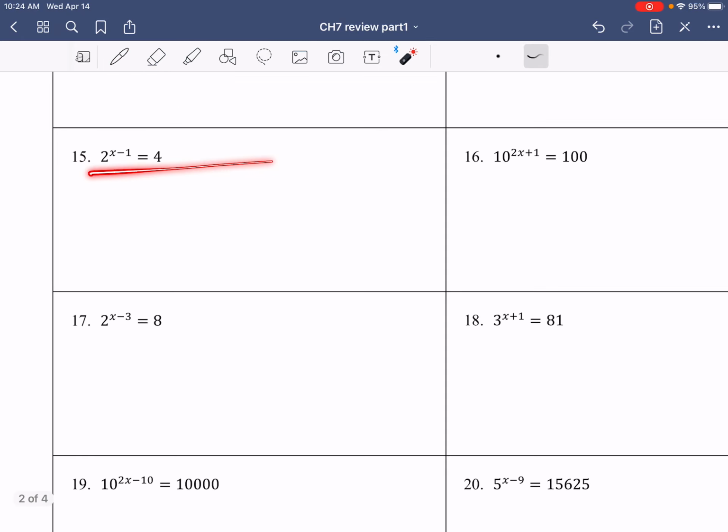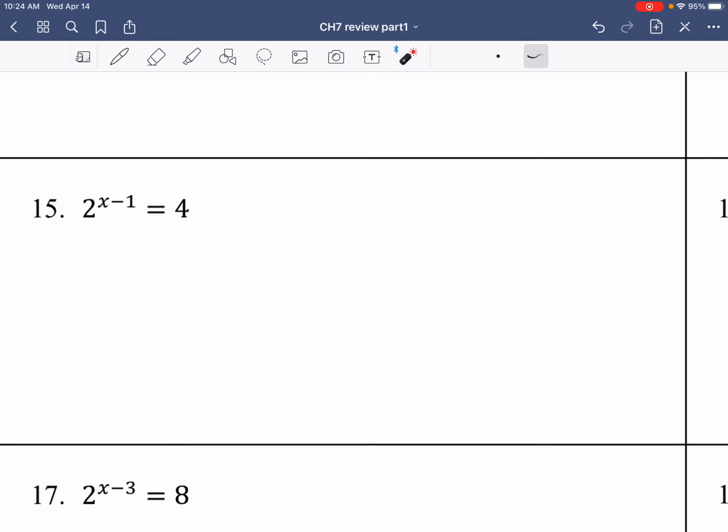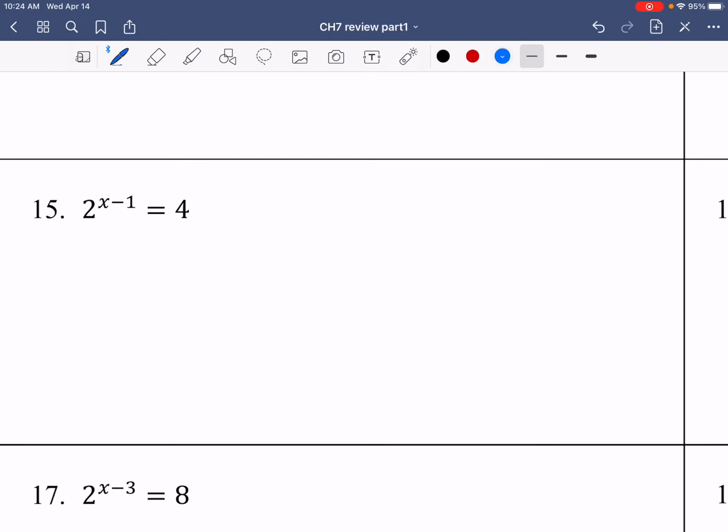Now here we go, the solving for x part, okay? Same thing. To get rid of this, we are going to do log base 2 on both sides. So it's going to be x minus 1 equals log base 2 of 4.